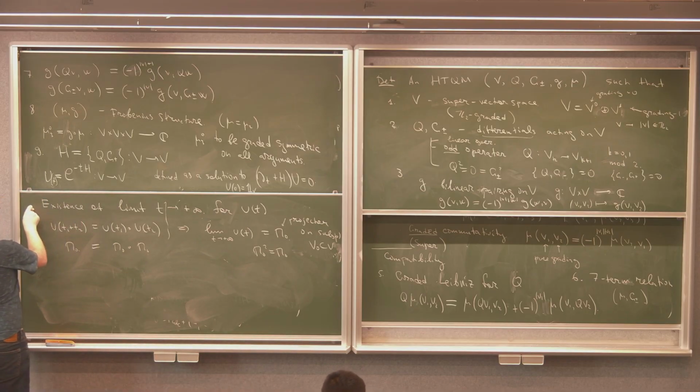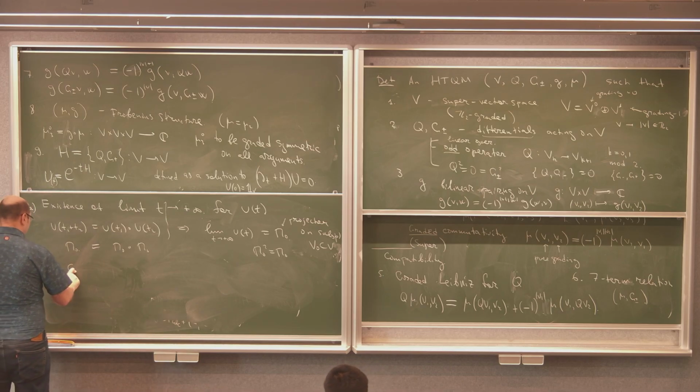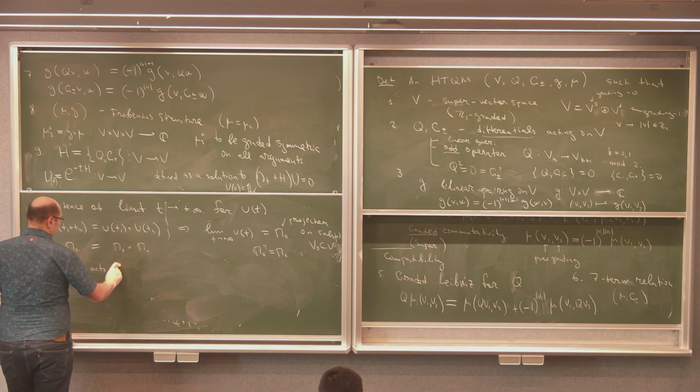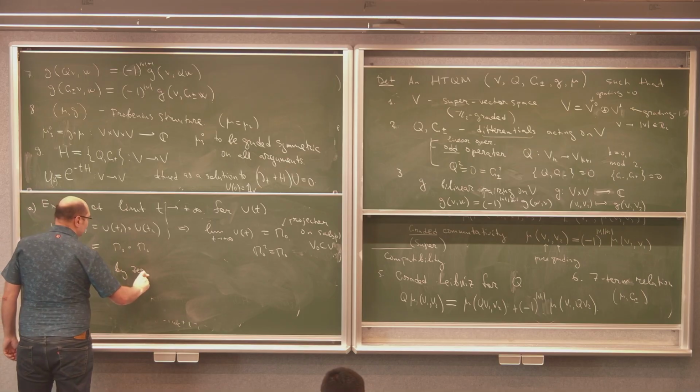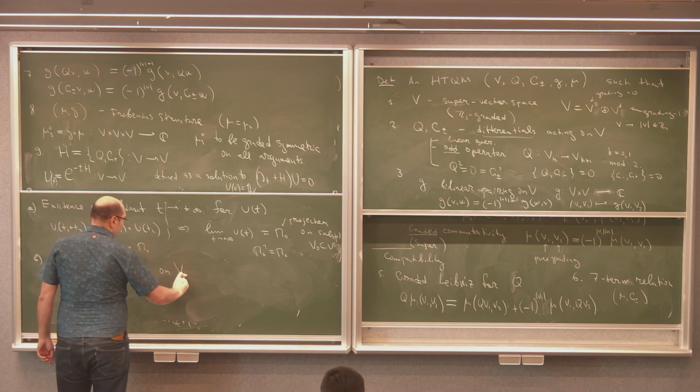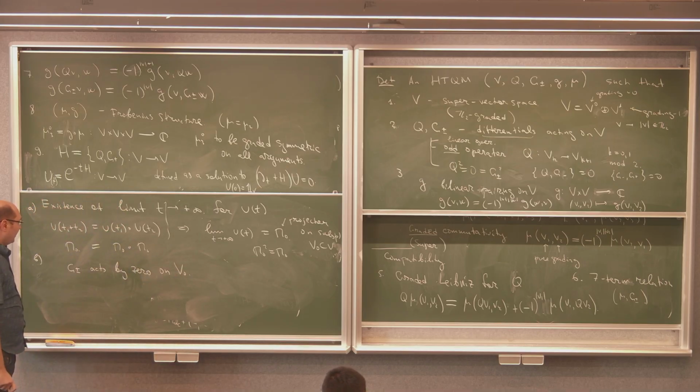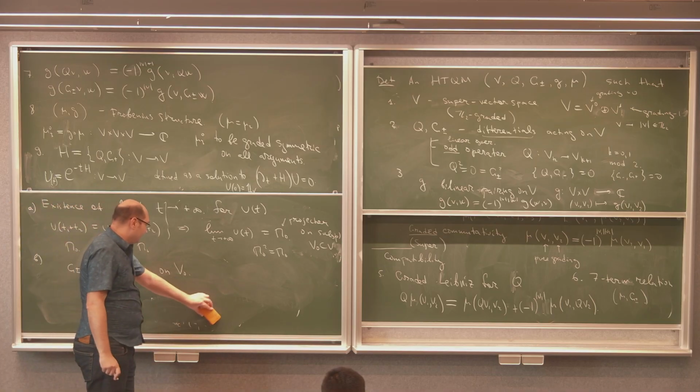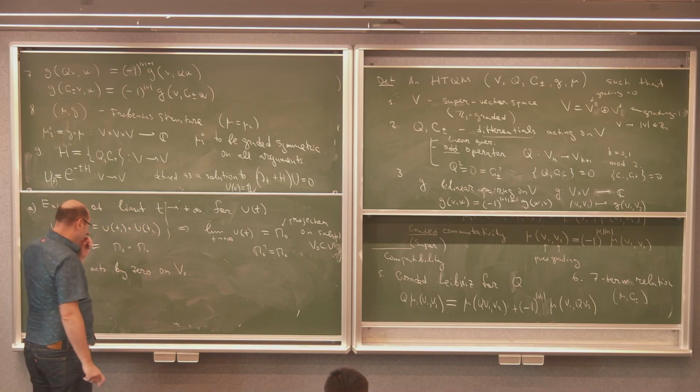One property related to this operator H is the existence of a leaf, and then property E is the property that G plus minus acts by 0 on V0. And this property can be formulated without even using V0.